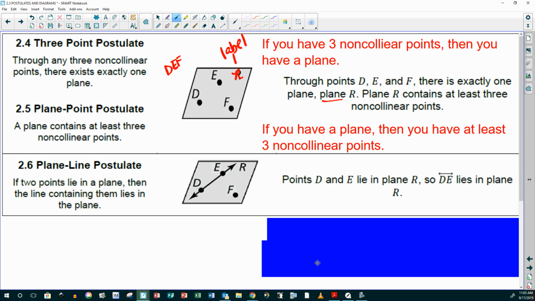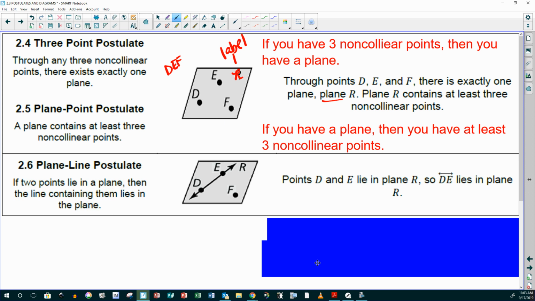I'd have to think about how to word that one. A plane exists if and only if there are 3 non-collinear points. That would be a biconditional.